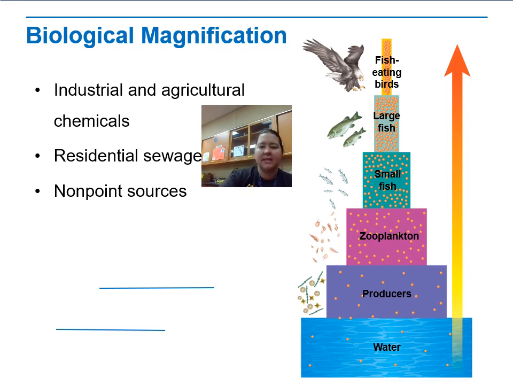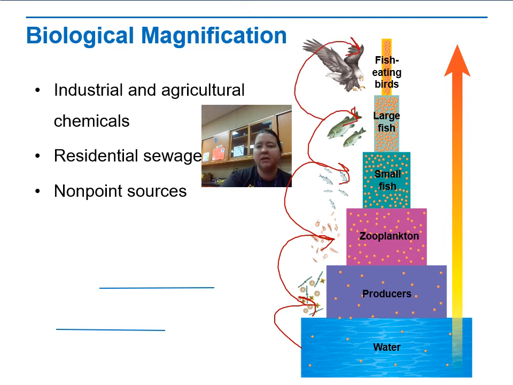But as that chemical goes up through the trophic levels, it actually gets more and more concentrated until ultimately it's reaching the top where it could actually be in a lethal concentration.